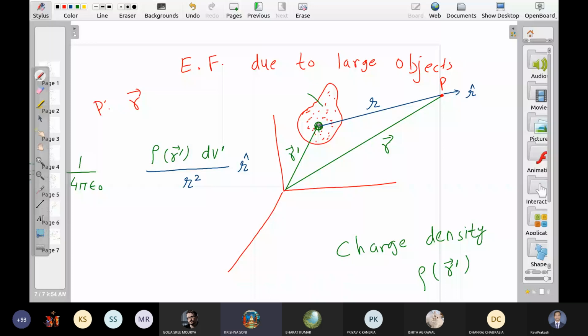So now let me take another small piece. What am I changing? I am changing this R prime. Now this is the new R prime.